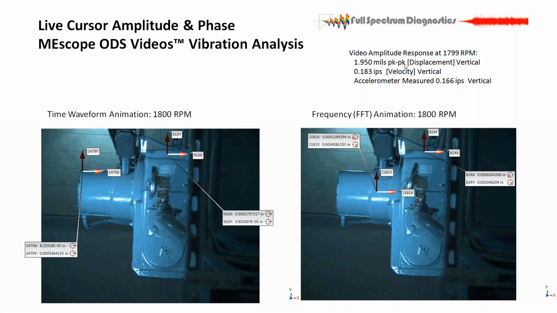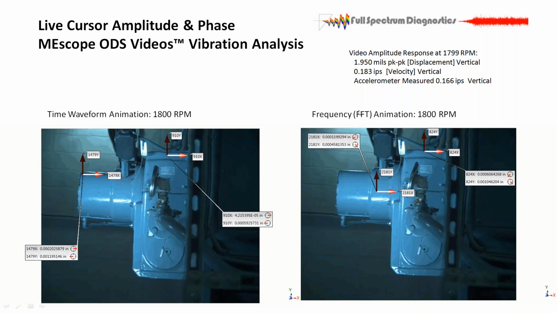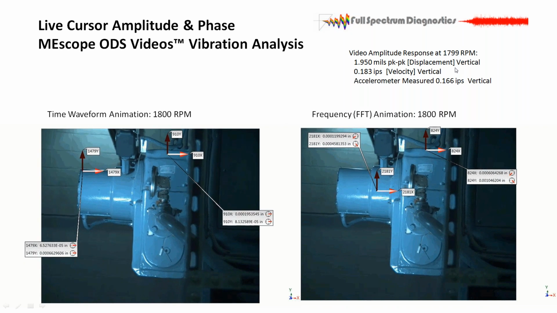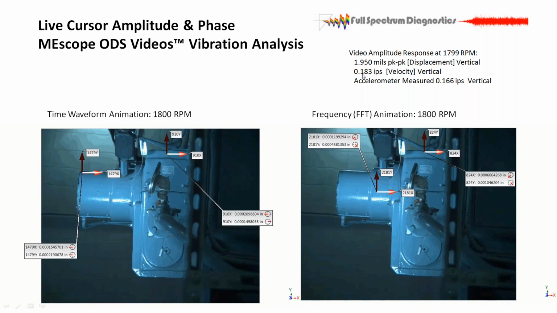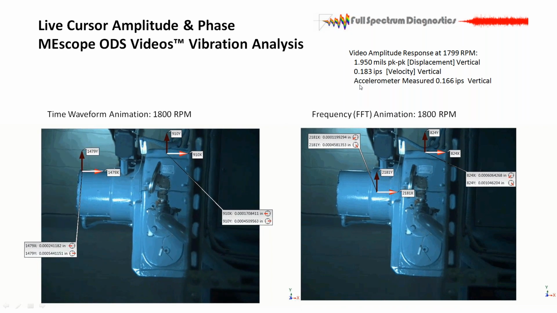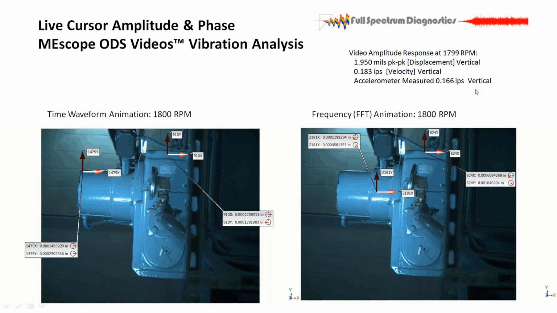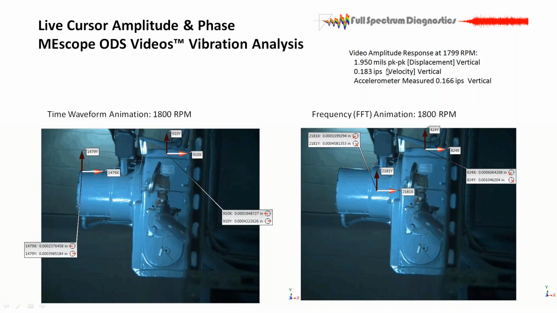So peak to peak vertically is just under 2 mils. If I convert that to velocity, it's 0.183 inches per second. The accelerometer measured data was 0.166 inches per second, so it's pretty close correlation between those two.